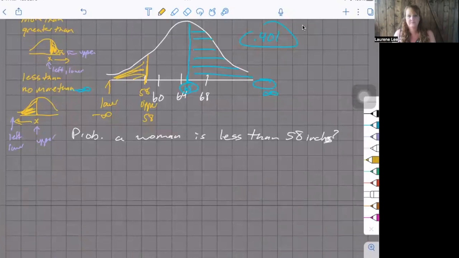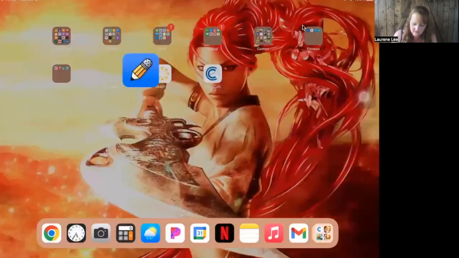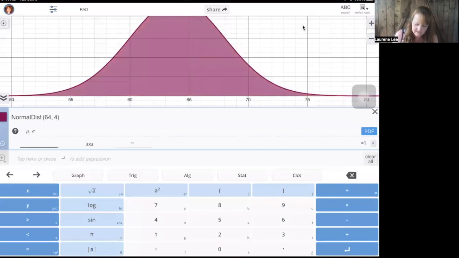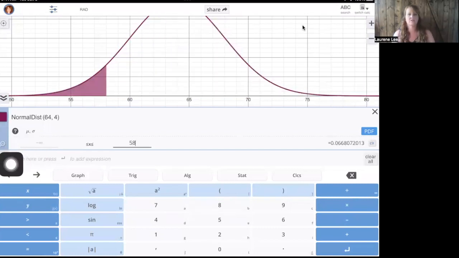That's right there. Okay, on class calc, lower bound, I'm just going to leave it empty, and when it's empty, look at what it says right there, negative infinity, okay, to 58. And you can see, I really like class calc for these problems, because if you draw a picture, which I'm going to have you do for all of your problems, then you can check it on the calculator to see that you entered it right.